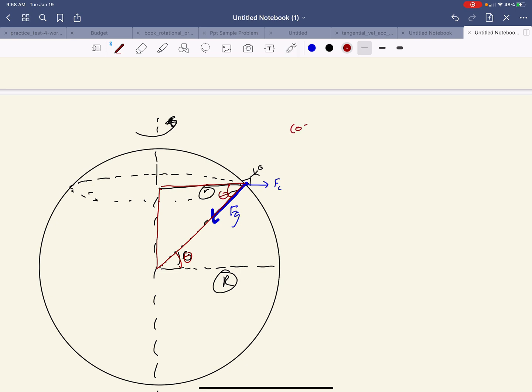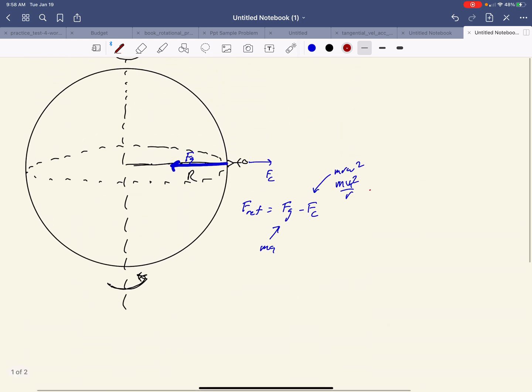So cosine of theta is equal to r over big R. Remember, big R is the equatorial radius. The little r is your adjusted radius, depending on your latitude. So r is big R cosine of your latitude. All right, so that's going to be an important thing, because you'll notice that there is an r in both those terms.